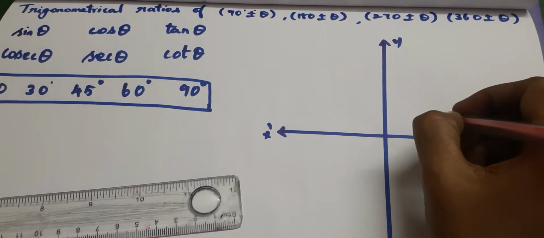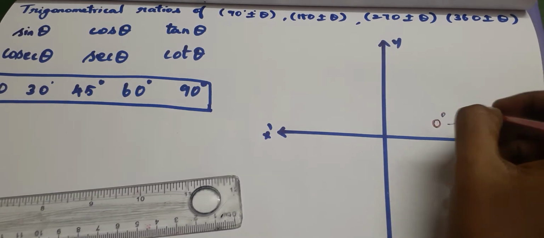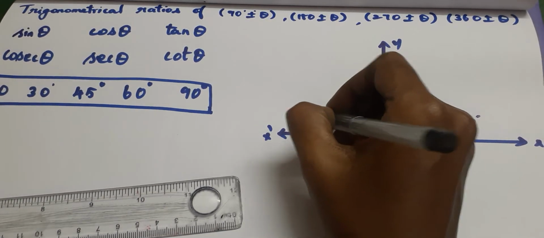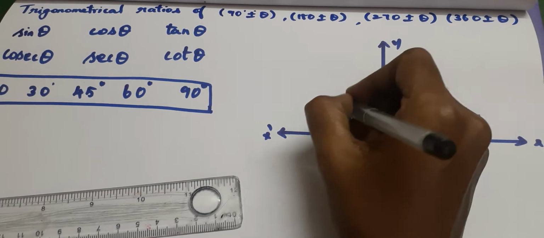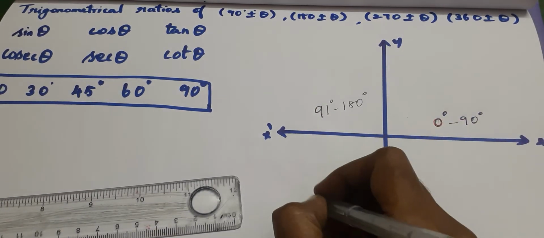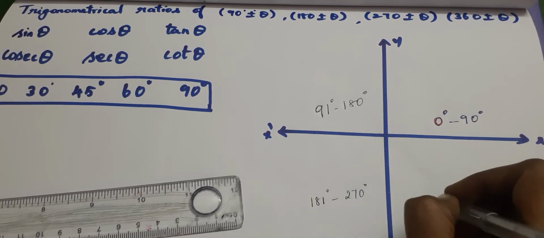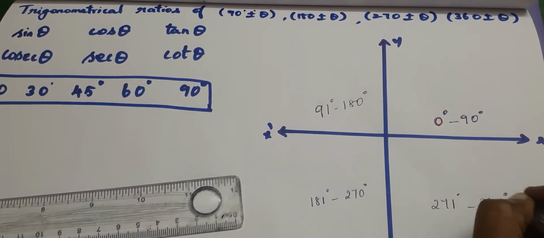In the second quadrant we are having 91 to 180 degree. In the third we are having 181 to 270. Next is 271 to 360 degree.